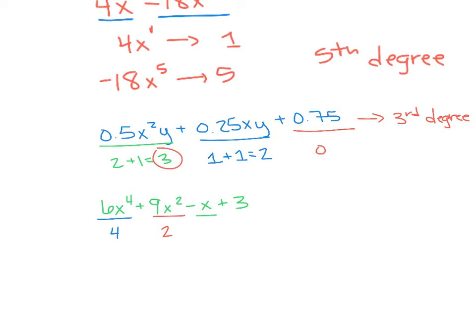Third term, there is no exponent, so we assume it's a 1. And the last term has no variable, so it's a 0. So the greatest exponent, because we didn't have to add anything, was 4, so this is a 4th degree polynomial.